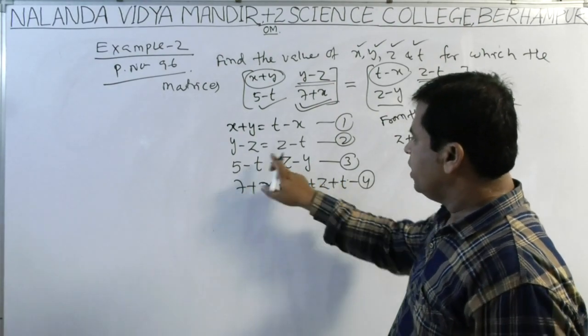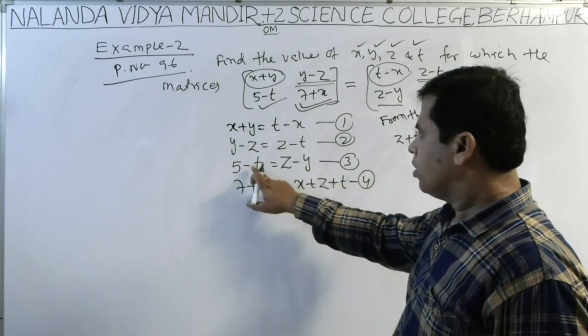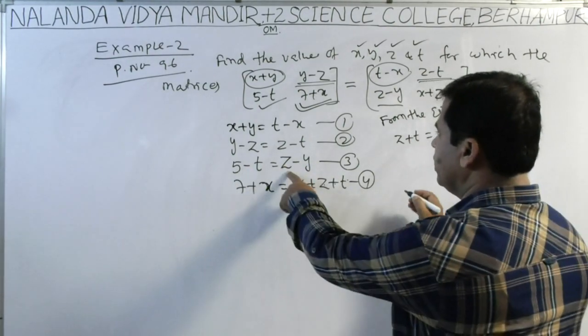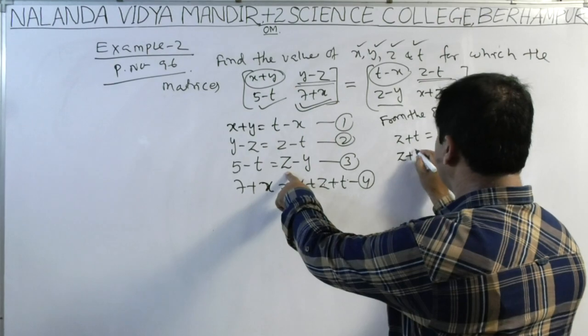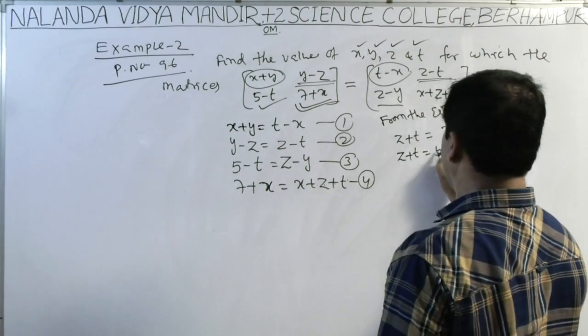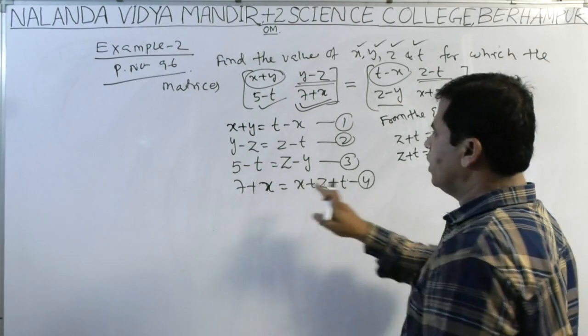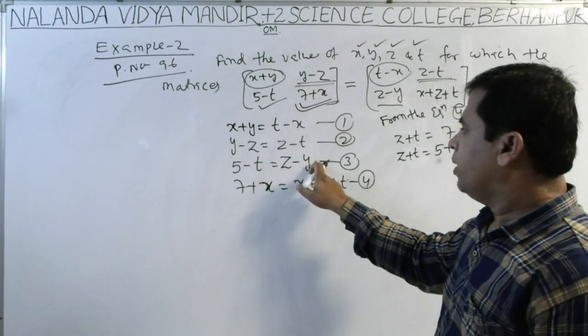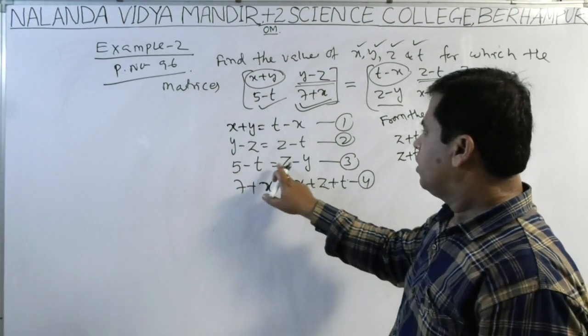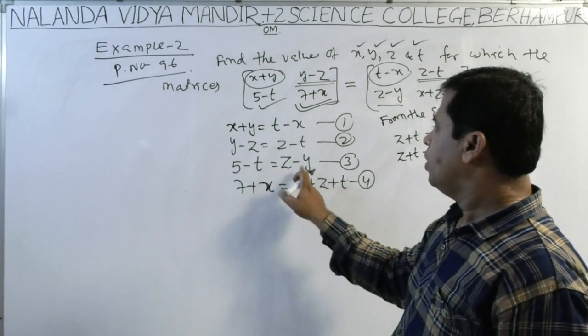Therefore, we take minus t from this side, so z plus t is equal to 5 plus y. Minus y also we take to the left hand side. Therefore, we get z plus t is equal to 5 plus y.